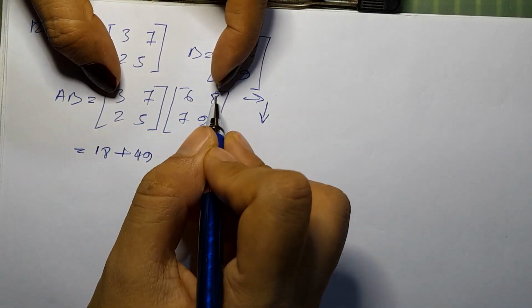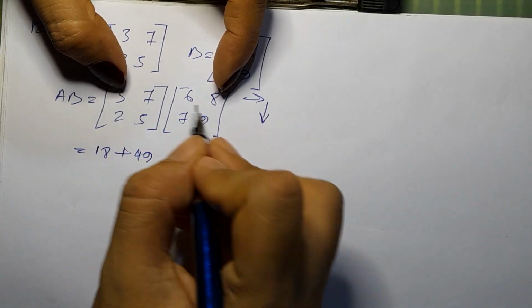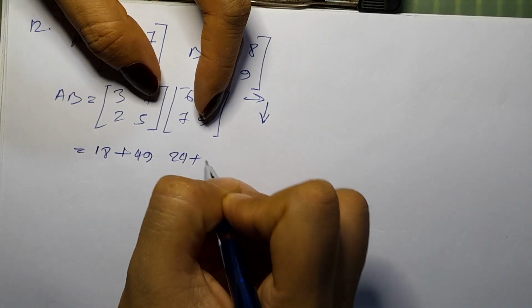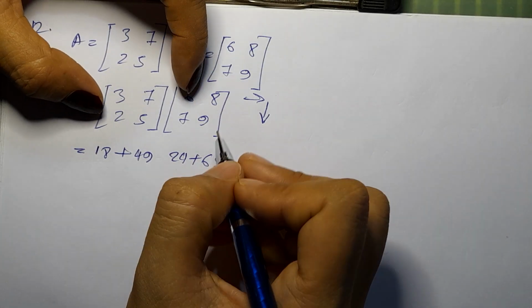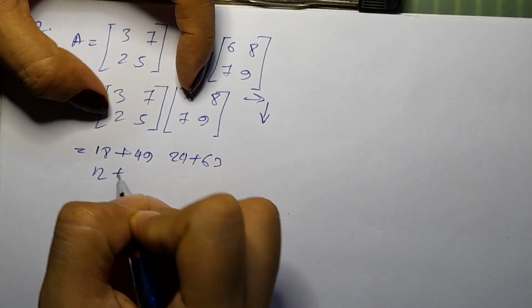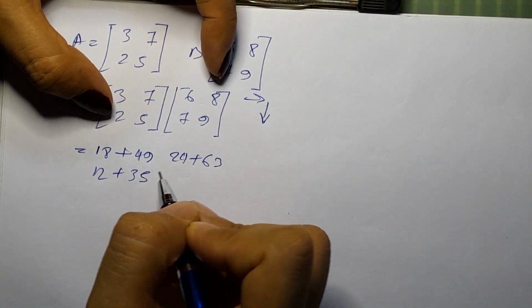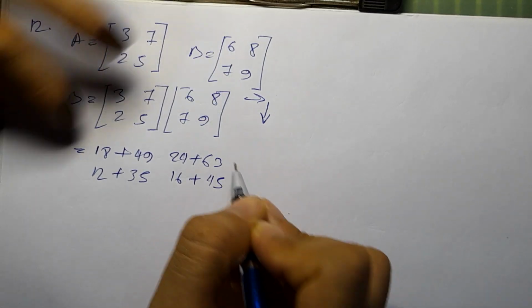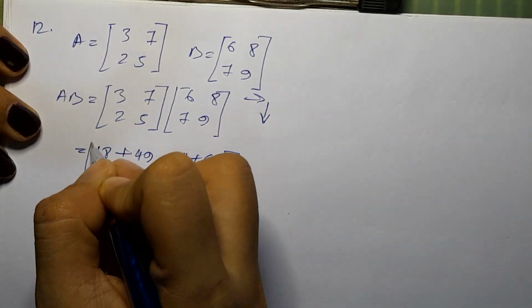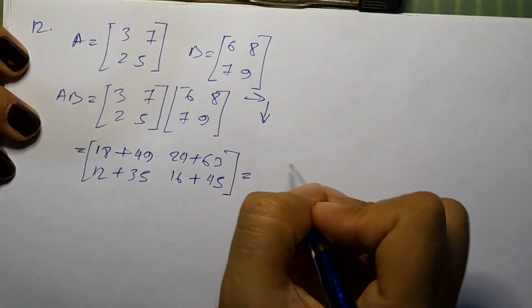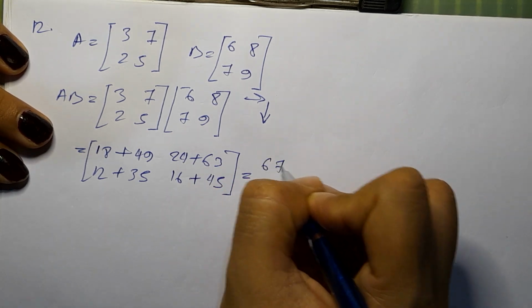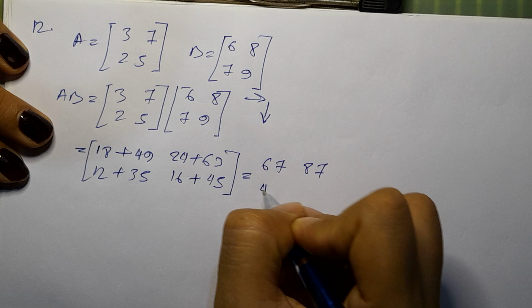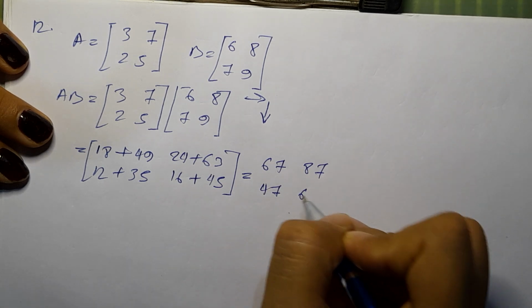Now first row and second column, 24 plus 63, 12 plus 35, 16 plus 45. Now add these numbers, so it will give 67, 87, 47, 61.